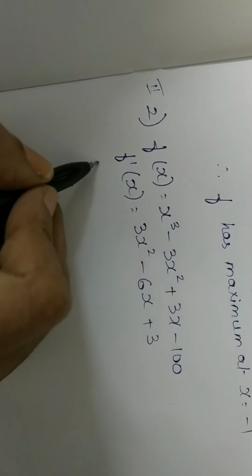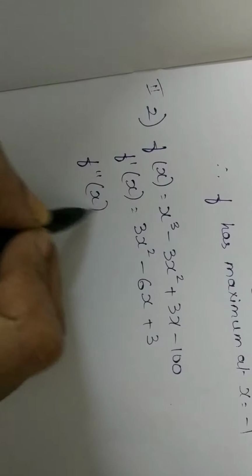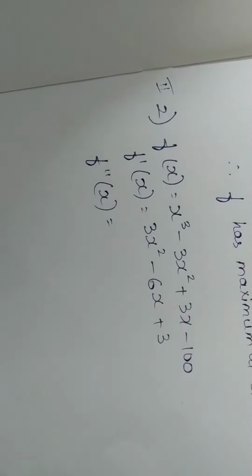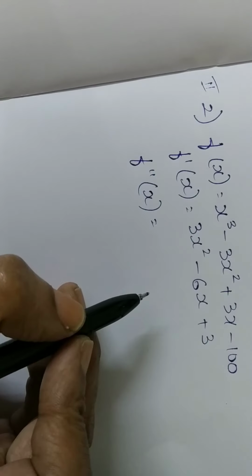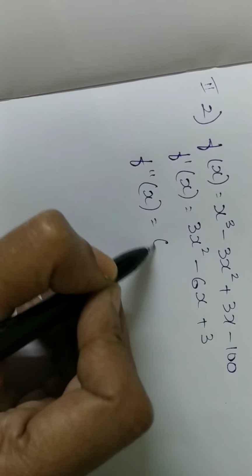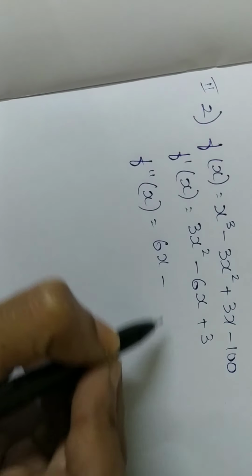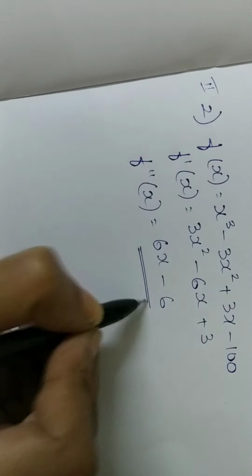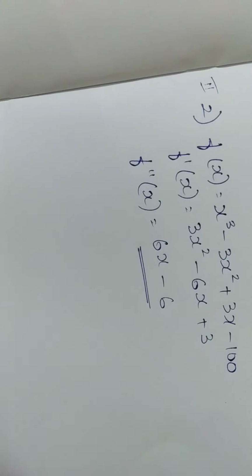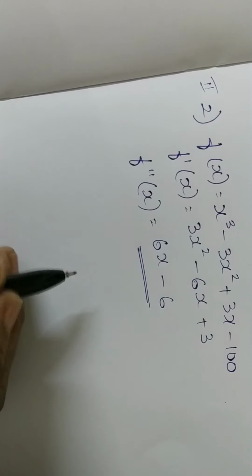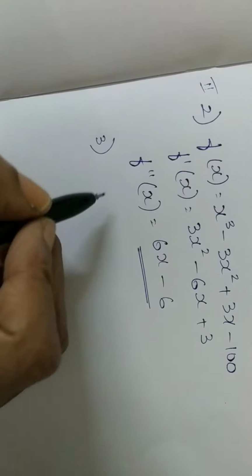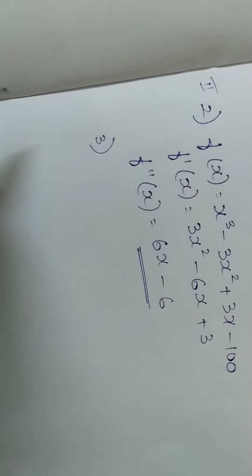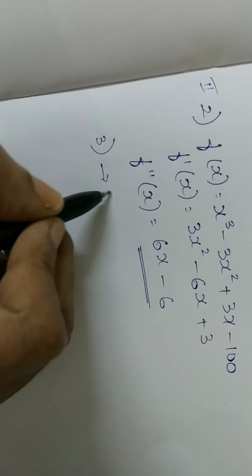And then we are supposed to find out f double dash of x, that is the second order derivative, the derivative of f dash x, which comes out to be 6x minus 6. So this becomes our answer. So this is all that has been asked. The third question, you can do it in the same way like the second one. So this I leave it as an assignment for you.